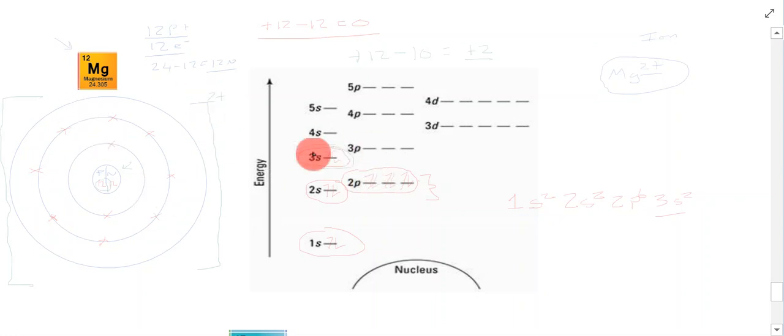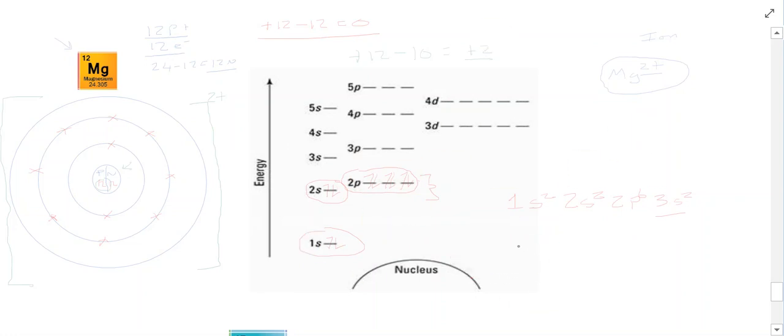So what does that look like in this structure here? Well, you have to actually lose these electrons here. So this is what it will look like. And then if you write out its electronic configuration, you write it out exactly the same way.